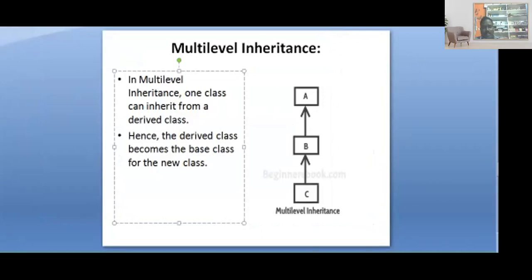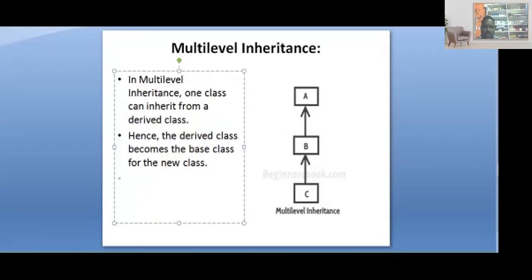In case of multi-level inheritance, one class inherits from a derived class. Multi-level is nothing but one class can inherit from a derived class, so the derived class becomes the base class for the new class. What is the meaning here?